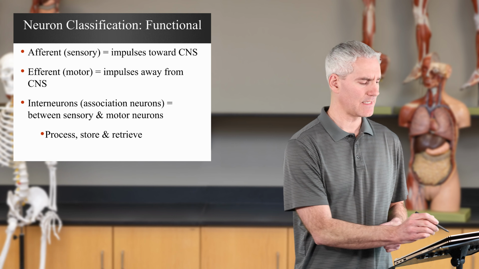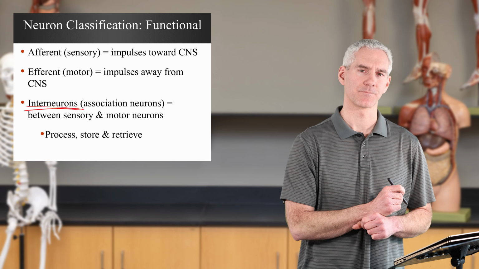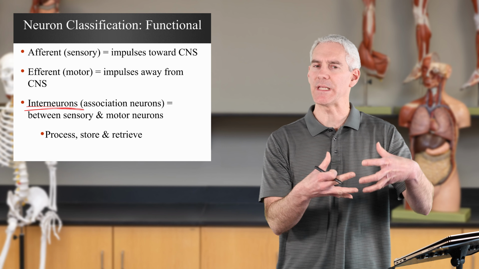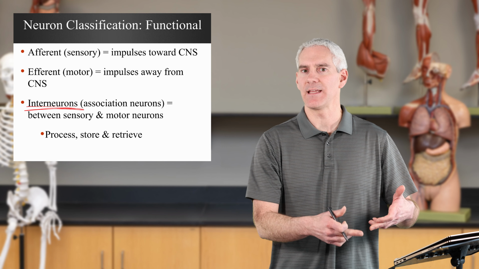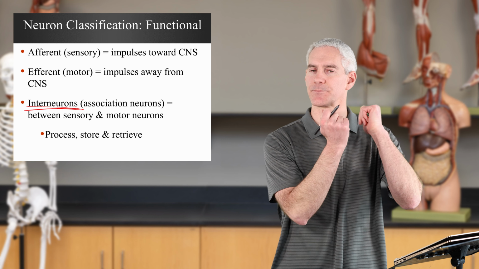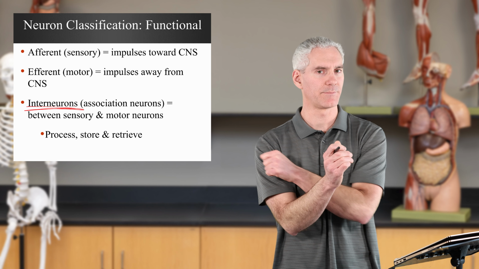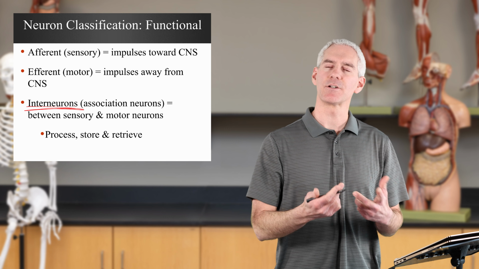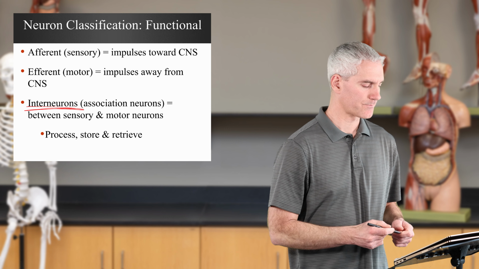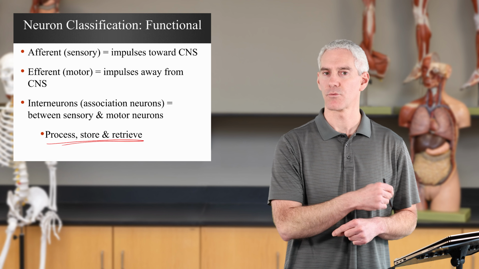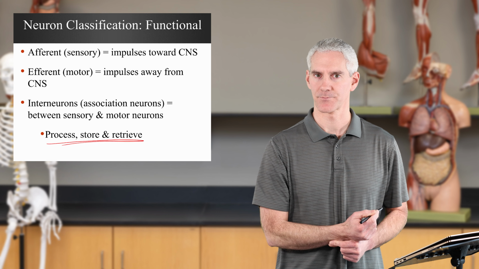And then we have these interneurons. Like the name implies, the interneurons are kind of in between. So you might have a sensory neuron coming up to the brain. Then you have an interneuron before the motor neuron comes back out. The interneurons are making connections. You can see how the interneurons are storing, processing, retrieving information.